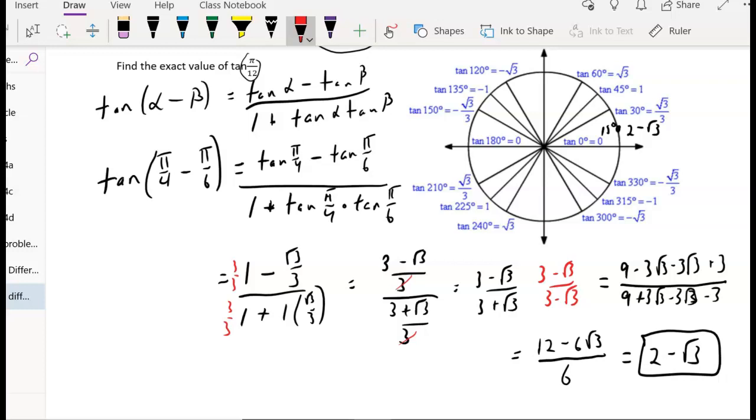Then, as you did in one of your mastery quizzes, I simplified this radical by multiplying by the conjugate of the denominator, which is 3 minus rad 3. Once you do that, you have a rational denominator, because these two cancel out, and that just gives you the 6 in the denominator. Then we just reduce both parts of the fraction, and we'll get 2 minus rad 3.